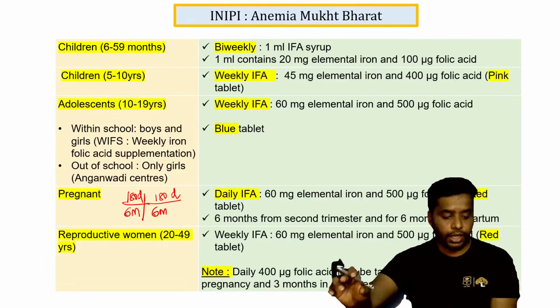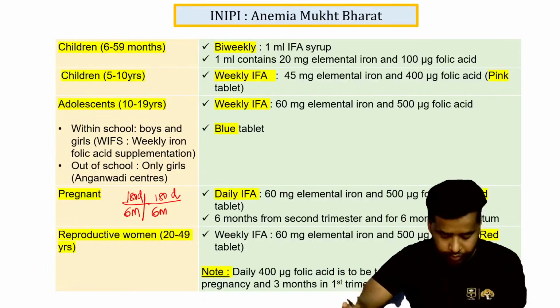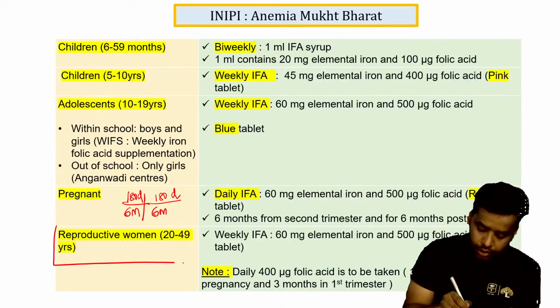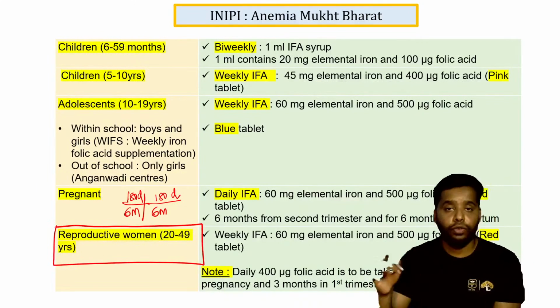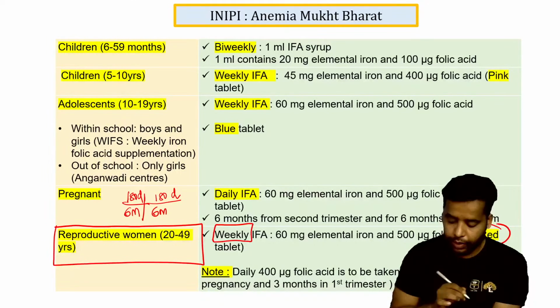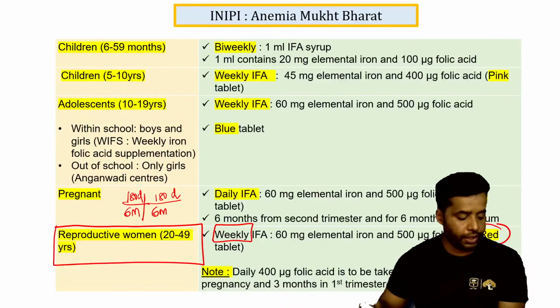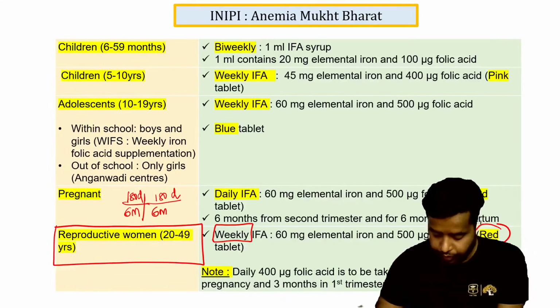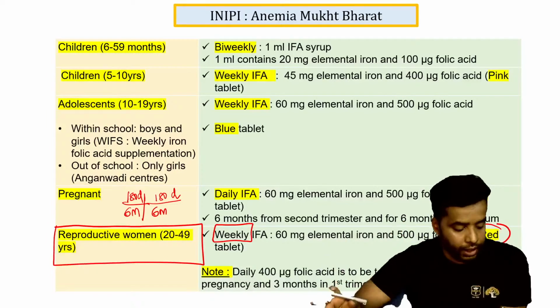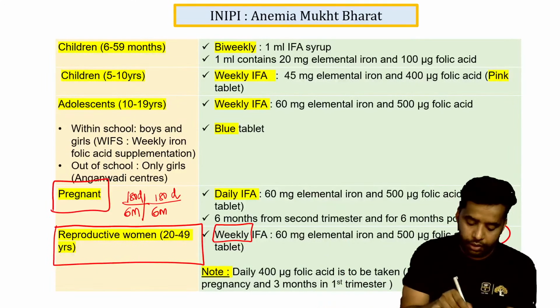What is the color of the tablet? Red. Dose 60 and 500. Reproductive women 20 to 49 years will be given a weekly red color tablet. Reproductive women for supplementation have a different age group, 20 to 49. So don't make a mistake between pregnant and reproductive women.